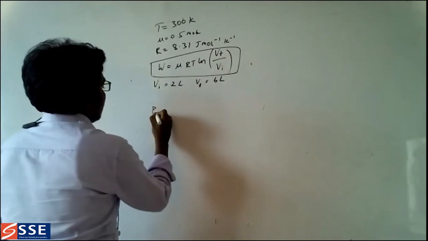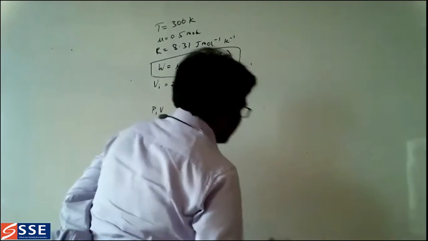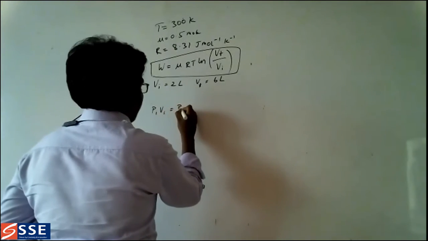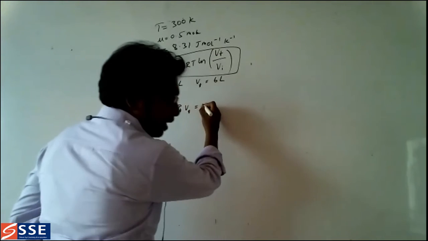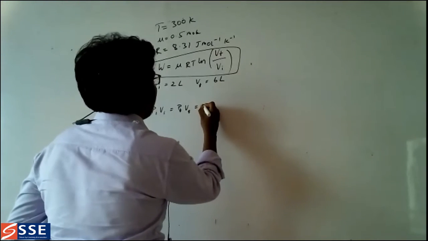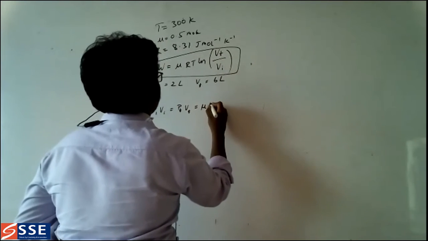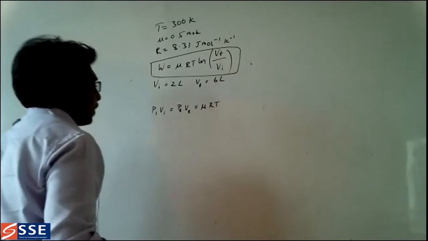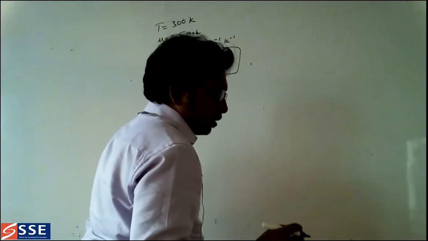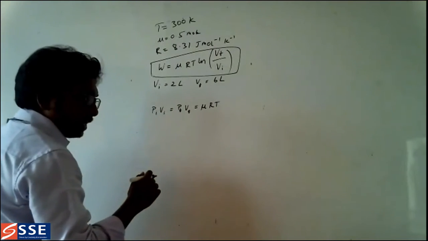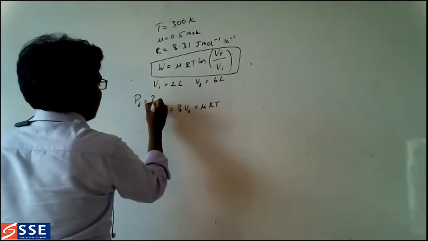We know that PiVi is equal to PfVf is equal to nRT. Instead of nRT, I am putting mu RT. What we have to find is the final pressure, Pf. They are asking Pf is equal to what?